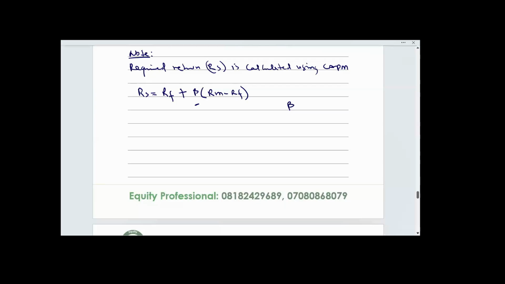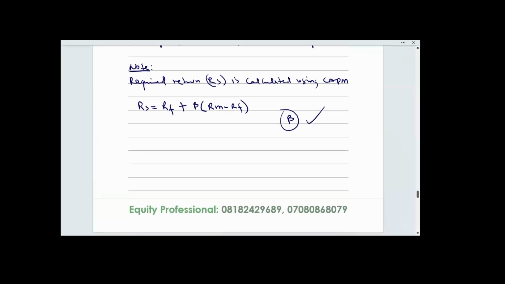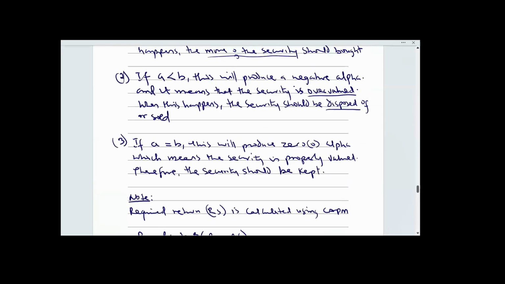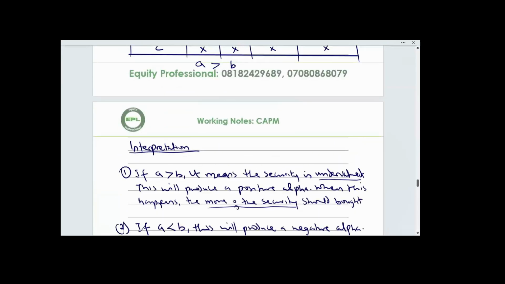Because the required return formula you already know, but in most cases the beta value will not be given to you. So out of the 5 formulas I've given to you some minutes ago, one of them is what you are going to use on the day of your exam.